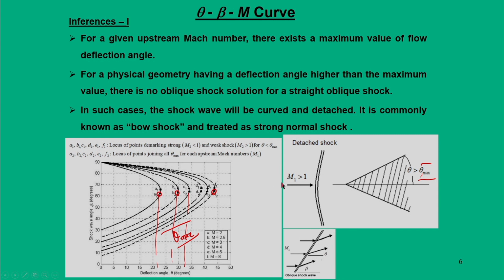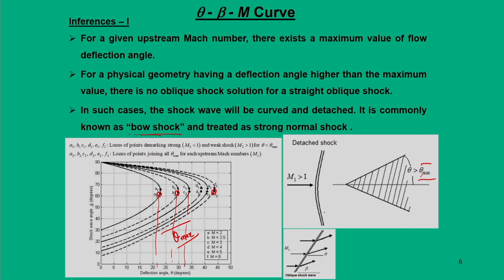Then how is this flow going to adjust? For that reason, the shock wave which is supposed to be formed for this body will no longer be attached. This particular thing we call a detached shock. In such cases, the shock wave will be a curved one. It is a detached shock, and in our gas dynamics terminology, we call this a bow shock.